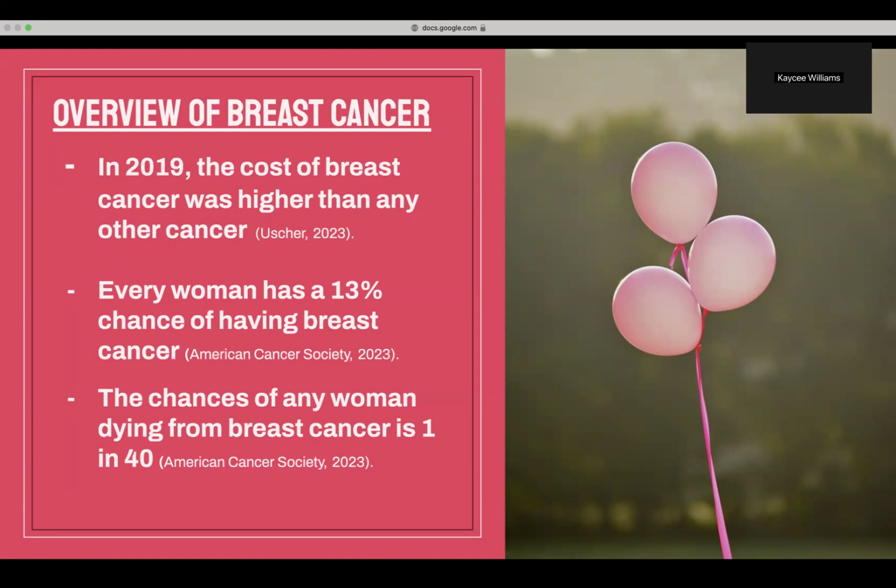The cost of breast cancer, just to further elaborate on that, in 2019 the total was $3.14 billion, and that is higher than any other cancer expenses. So this can be financially demanding on patients for a number of reasons.